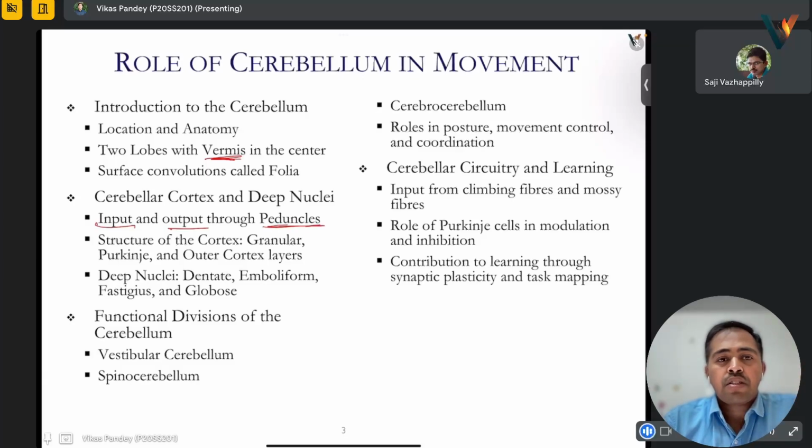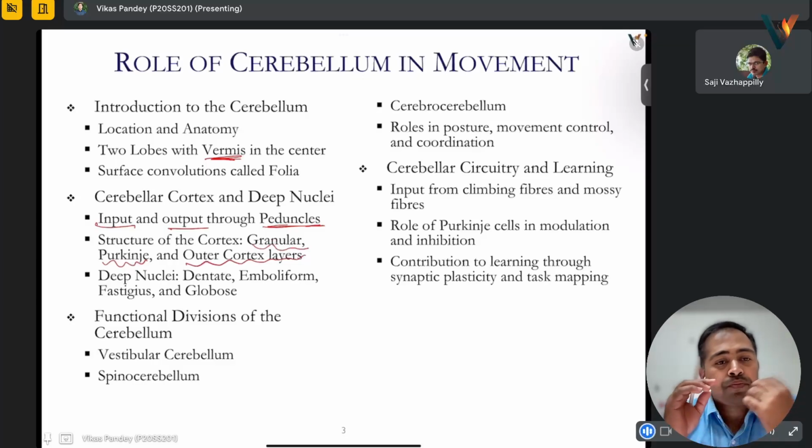The structure of cortex is granular, and there are Purkinje and outer cortex layer. Whereas deep nuclei, located deep inside the cerebellum, are dentate, emboliform, fastigial, and globose.